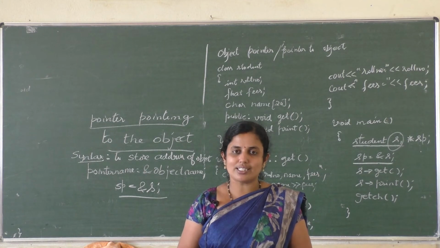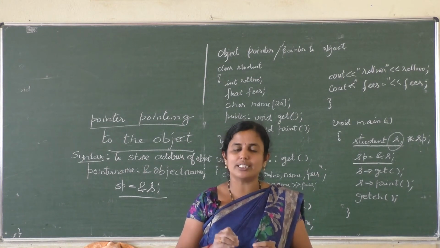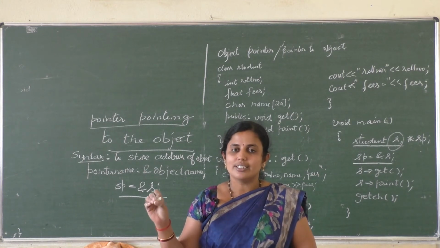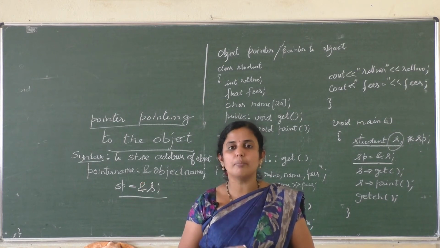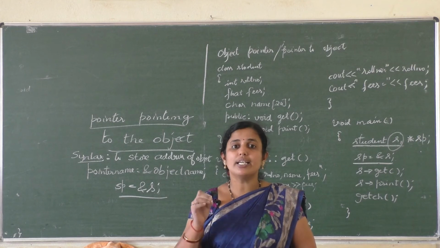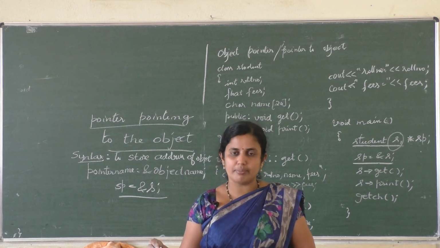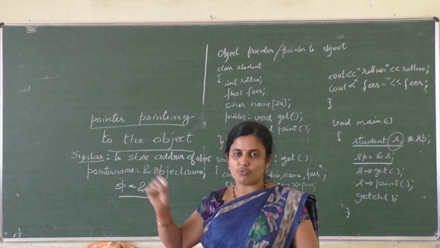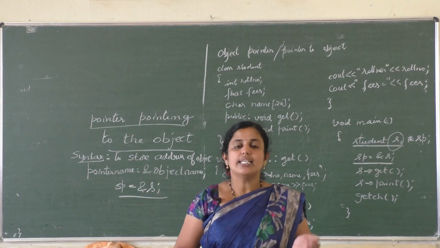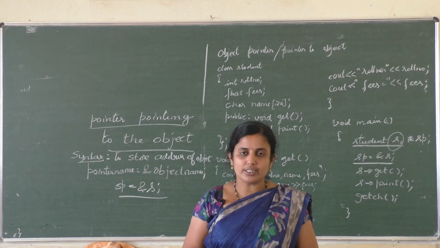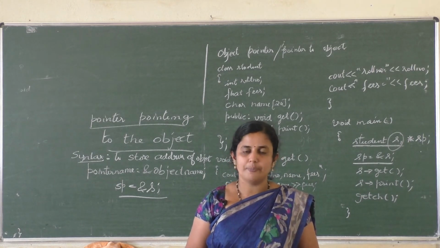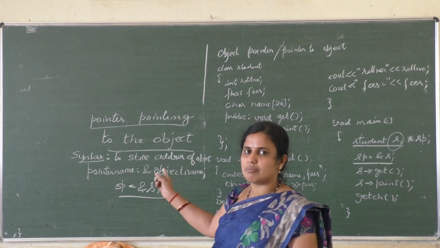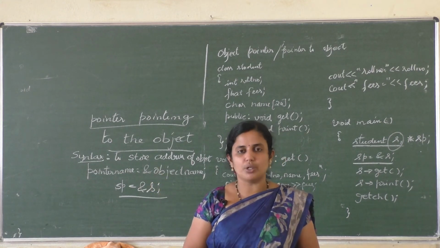Object name dot function name helps us to call a member function. Similarly, object name dot member name helps us to access data members of a class. Similarly, if we have created a pointer to the object, we can access the class members using the object pointer itself.